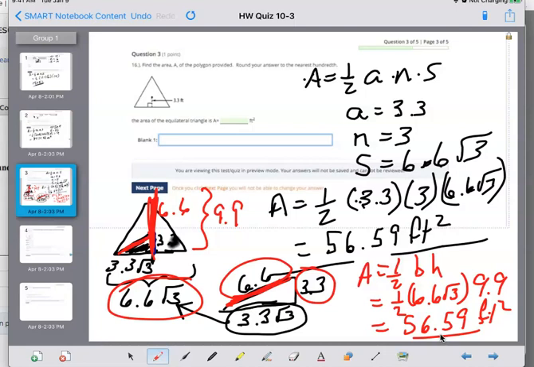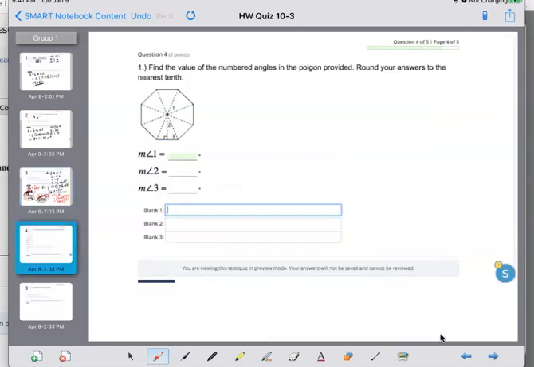Now let's look at number 4. Now in number 4, I'm just doing angles. And we did this in chapter 7, talking about rotational symmetry. I count up the number of sides, 1, 2, 3, 4, 5, 6, 7, 8, and it'll give me my central angle.